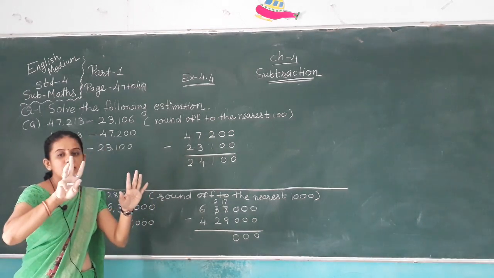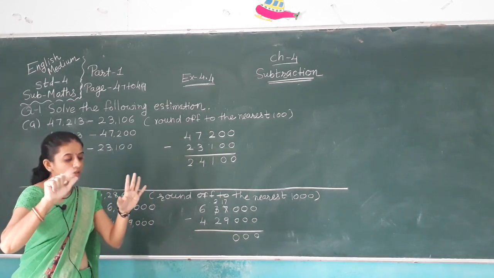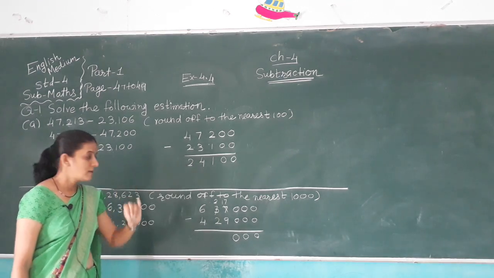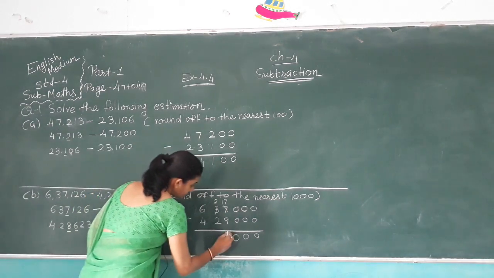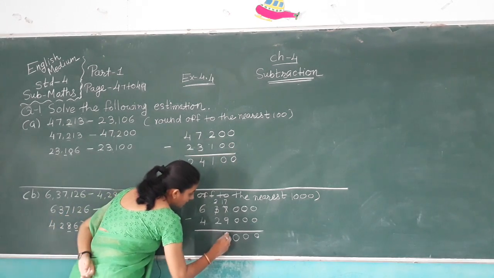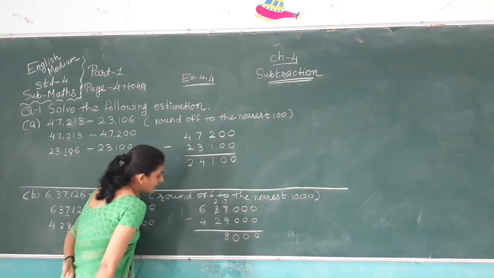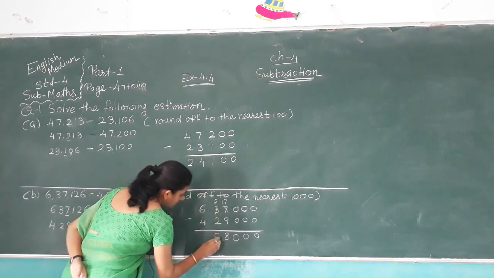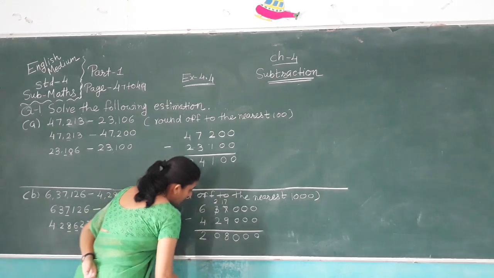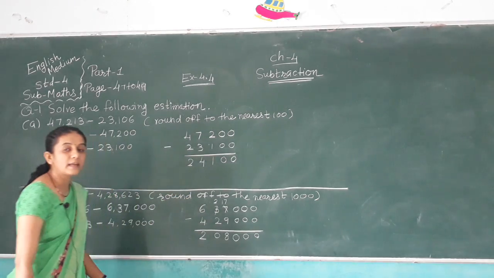Before 17: 16, 15, 14, 13, 12, 11, 10, 9 and 8. So we get the answer here 8. 2 minus 2, 0, and 4 minus 6 is not possible, so 14 minus 6, 8. So we get the answer 2,08,000.